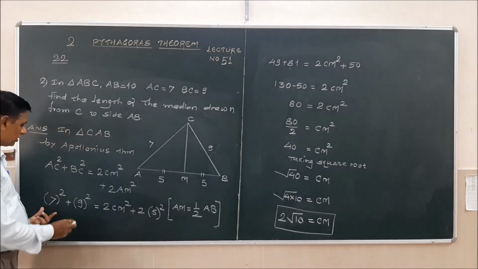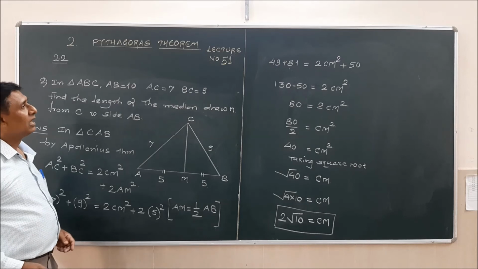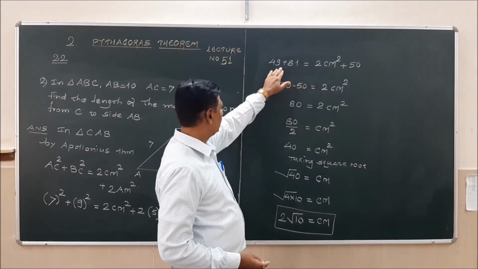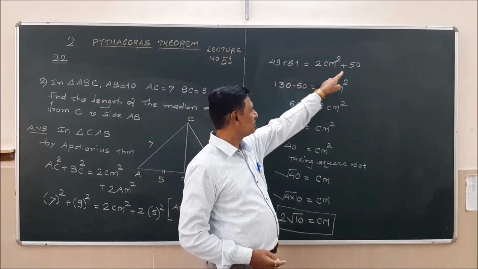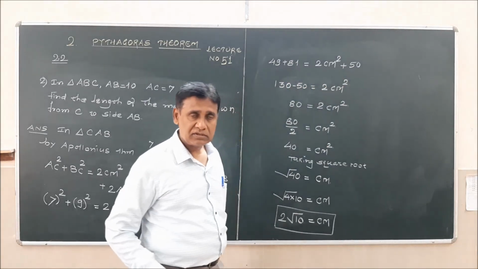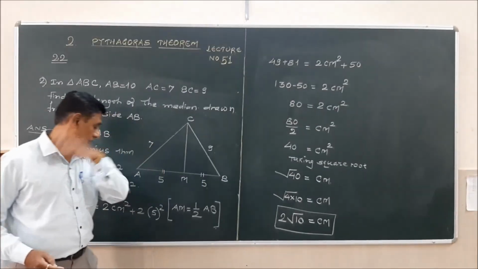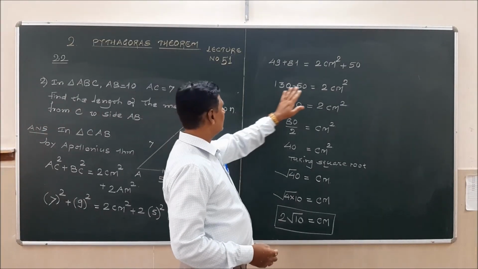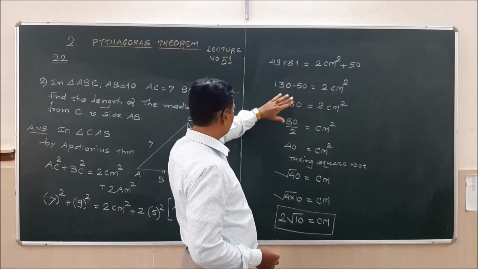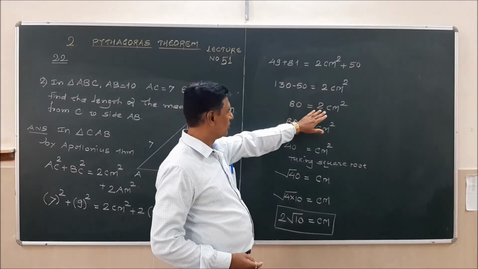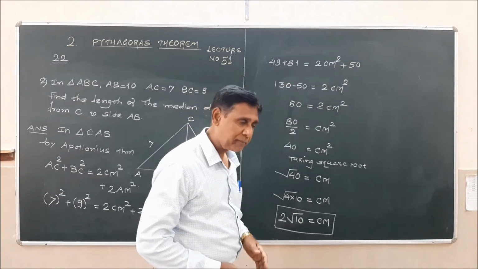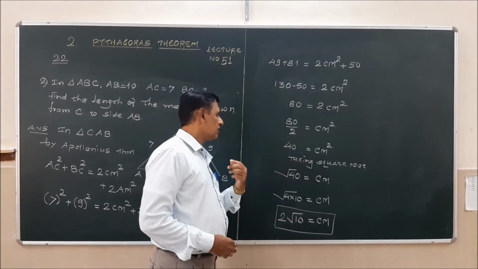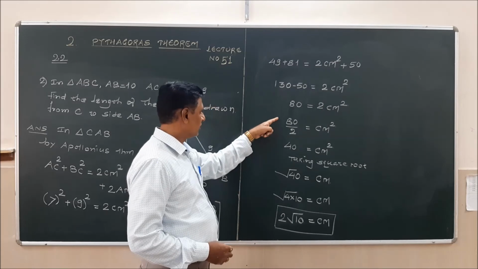So you will find 49 plus 81, the sum of them is 130, equal to twice CM squared plus 25 twos. 25 twos are 50. So 130 minus 50 will give you 80. 80 is equal to 2 CM squared. Then 40 is equal to CM squared.